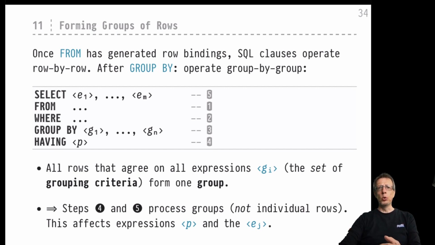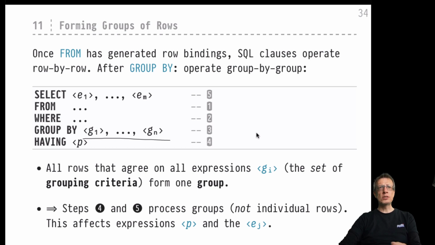What defines a group? Which rows make up a group? Which rows are members of the group? That would be the terminology that we're using here. And the answer are the grouping criteria, these G1 to Gn that we are attaching to the GROUP BY clause in this query. So these grouping criteria are evaluated for each row. Each row that is passing this WHERE predicate is passed into the GROUP BY.